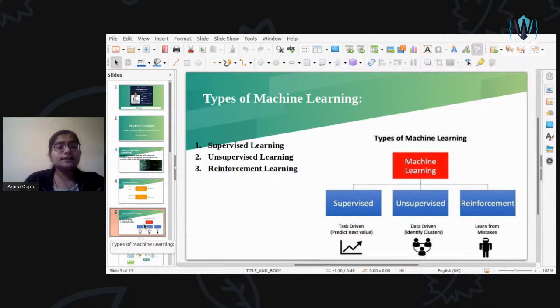The third type of learning, which is a very great research topic these days, is reinforcement learning. In reinforcement learning, we learn from mistakes. This is a very famous tagline used for reinforcement learning. There is a concept of a positive or negative score associated. We don't expect the algorithm to give the right answer at the first attempt.